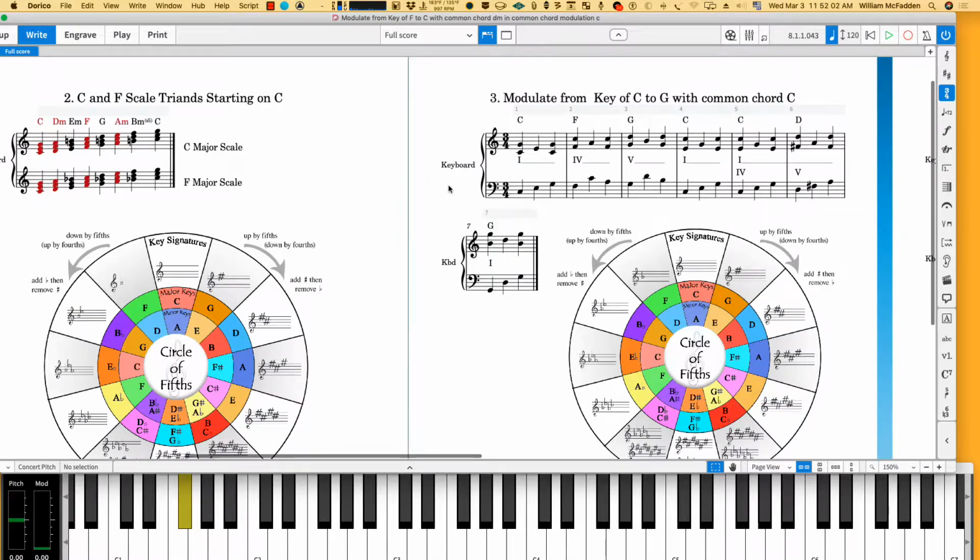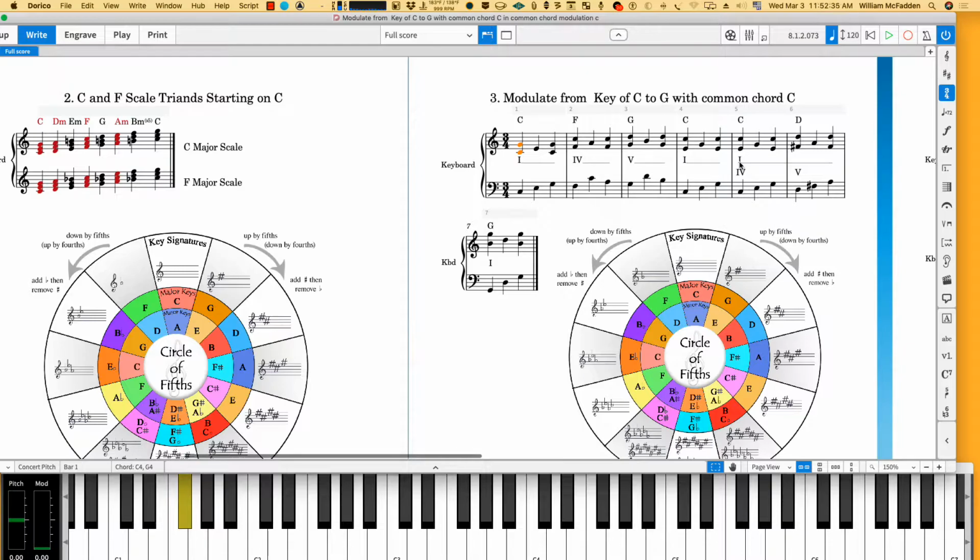So in our little example here, going from C to G, we have a common chord of C. Let's listen to that. So we established the key of C with the tonic to the subdominant to the dominant back to the tonic.